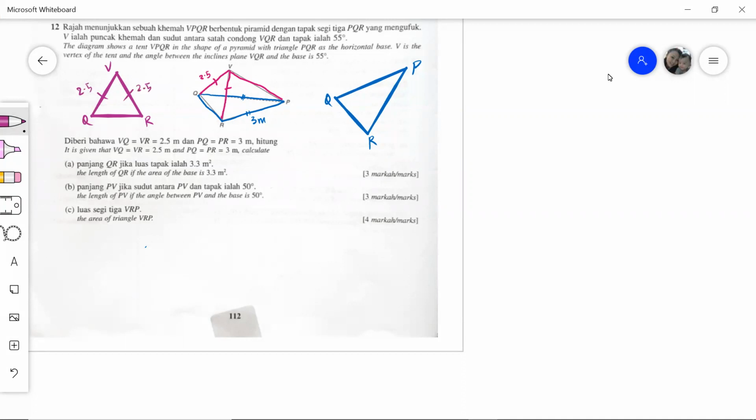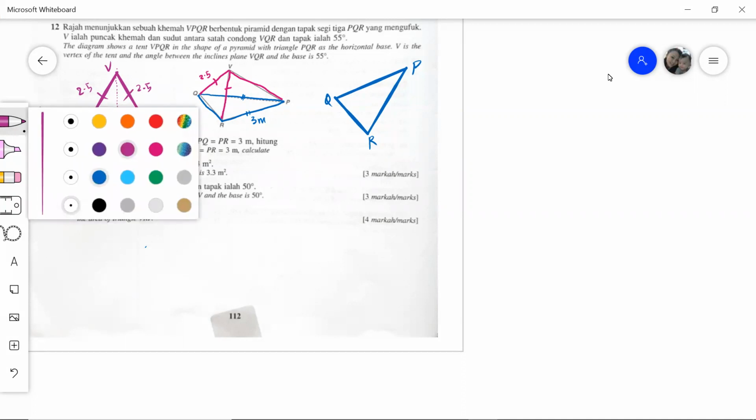Then with that, if this is an isosceles triangle, we must know that there will be one axis of symmetry that divides this triangle into two equal parts at 90 degrees. And let's just call this one M.